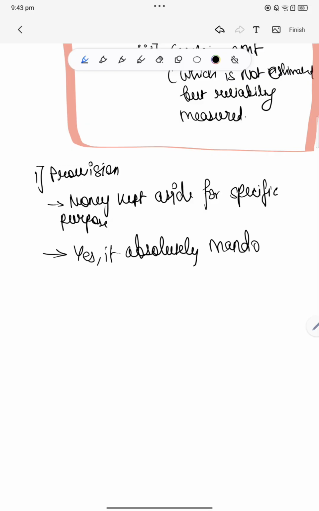This is the prudence concept, which says anticipated losses must be recorded in your books of accounts. So yes, it is absolutely mandatory. As and when you feel that some probable obligation of your company may occur, irrespective of whether that obligation takes place or not, you have to record it in the year you have estimated it.